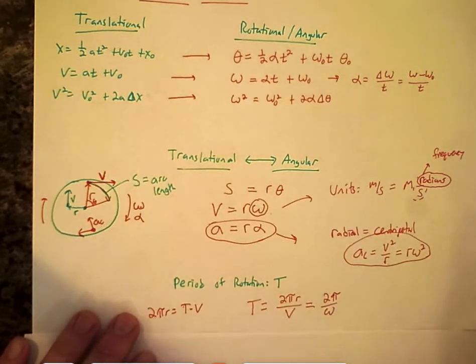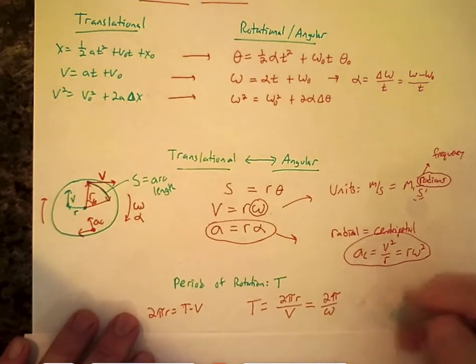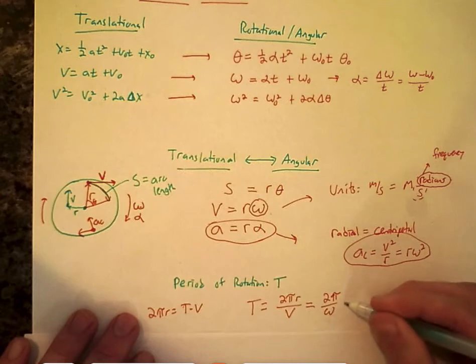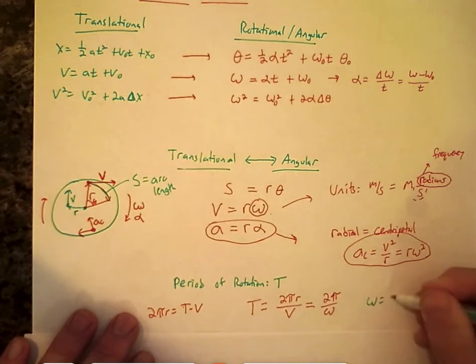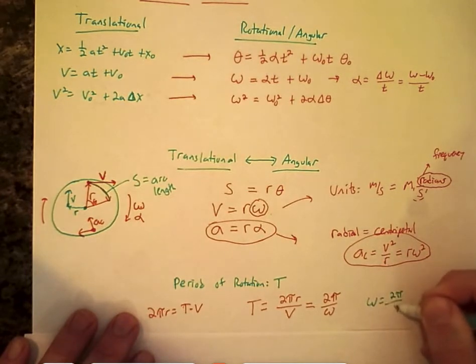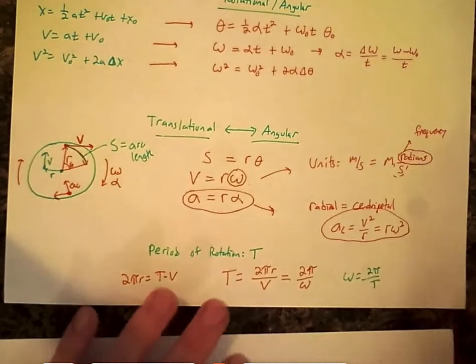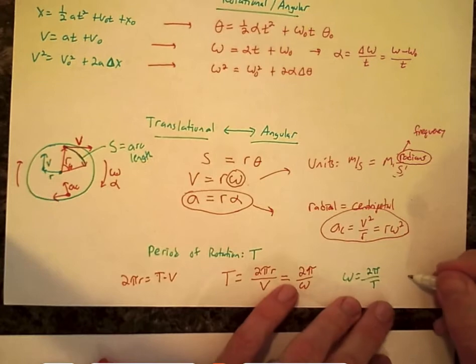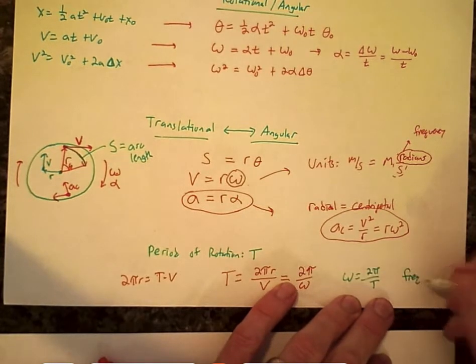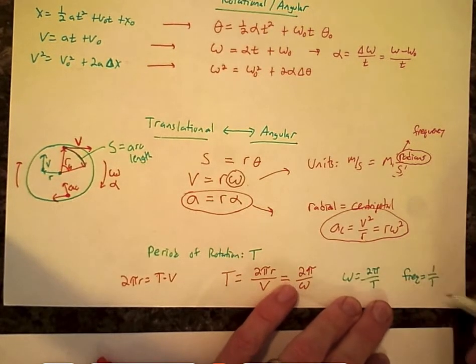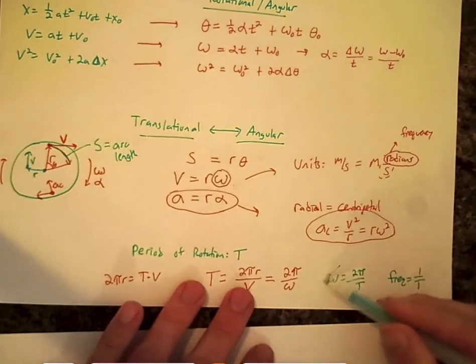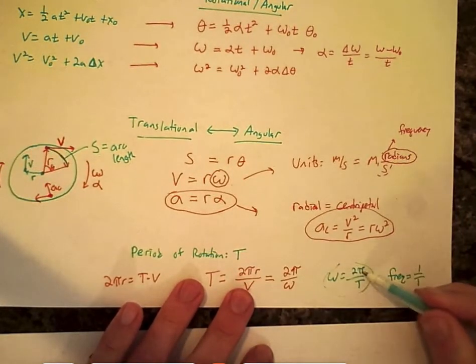And then lastly, you can see why this is sometimes called a frequency, because it's an angular frequency. If I rearrange this equation, I can get omega is 2 pi over T, big T. We've had some equations in the past where frequency is 1 over the period. So sometimes this is called an angular frequency when you stick in that extra 2 pi in the top there.